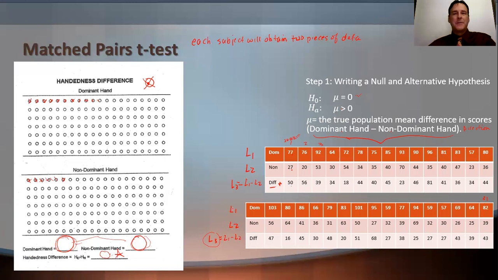I find that most people like to have positive differences. It doesn't mean that you may not have differences that include both positives and negatives, but if you find that one is more represented, then certainly you can manipulate the way you choose to subtract and how you write your Ha and your direction for your definition of mu. All right, so that is step one. Again, be careful with the direction and then how you find your differences in your L3.